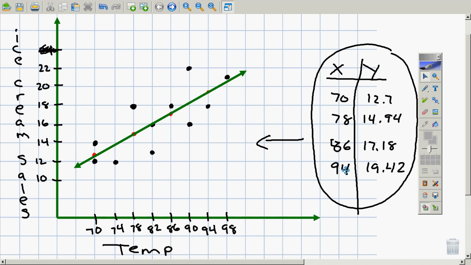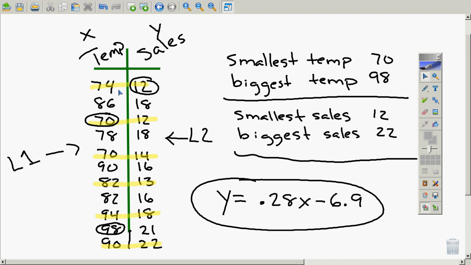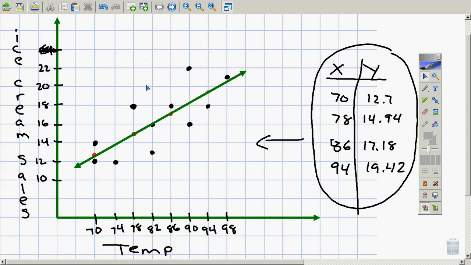Now, why would we want to use that line? Well, because from that line we can make predictions. We should now be able to predict if it is 80 degrees, how many ice cream cones should we sell? Even though we don't see an 80 here, and we didn't have an 80 on our table at all, we should be able to, from this line of best fit, predict that.